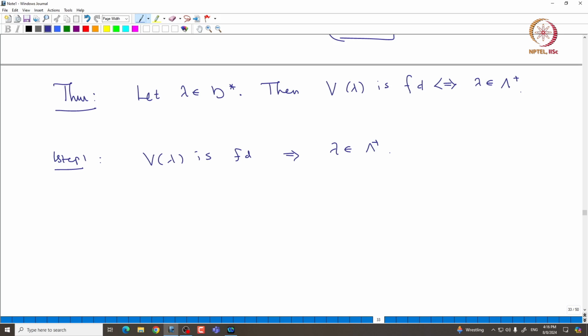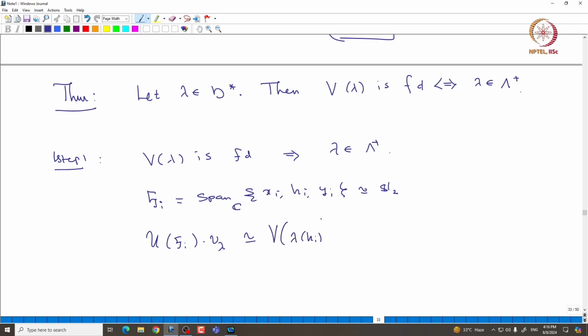So recall what we did. Look at this sl2 copy spanned by x_i, h_i, y_i, which is isomorphic to sl2. Then look at the U(sl_i) module generated by this v lambda. Then one can prove that this is indeed isomorphic to the irreducible module corresponding to V of lambda of h_i.